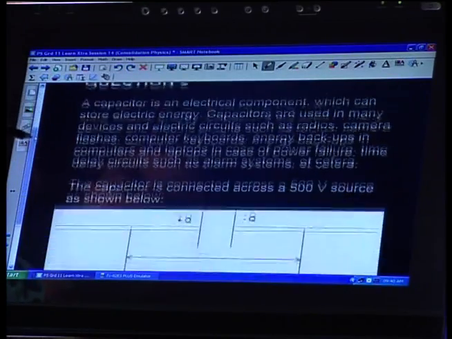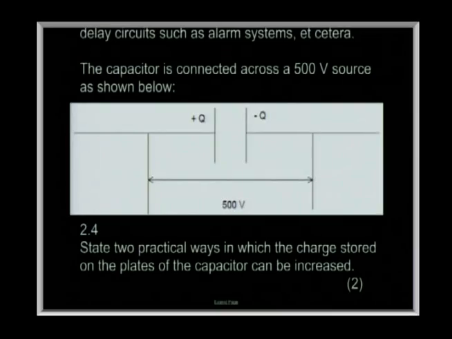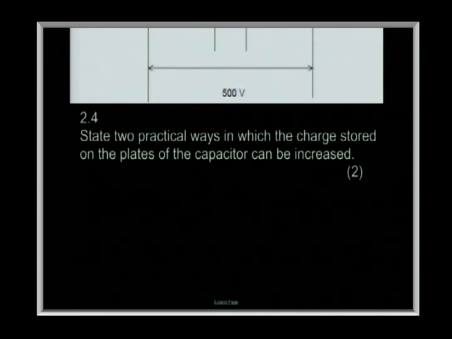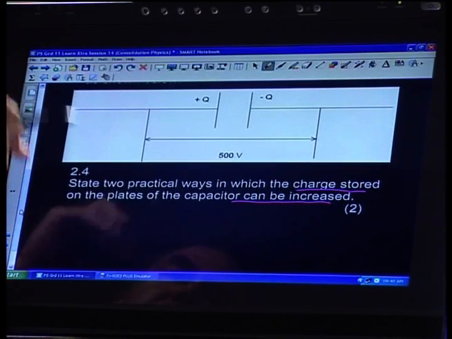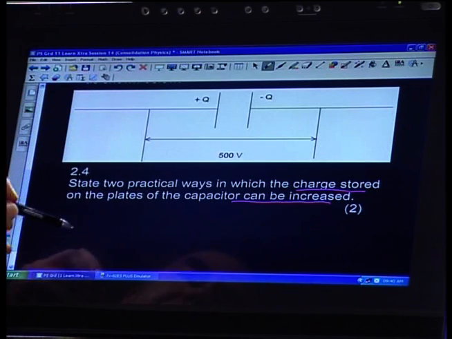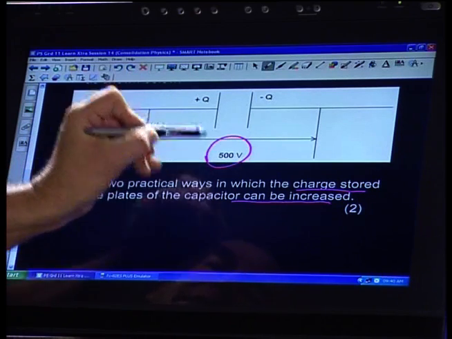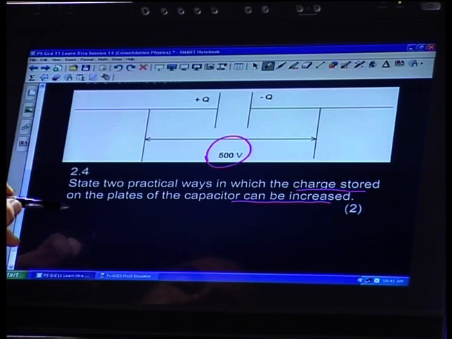Right, what else do we have to do with this? It says now, state two practical ways in which the charge stored on the plates of the capacitor can be increased. So now we're wanting to increase the charge, the number of charges. And we're looking for two ways. Well, have a look here in terms of these are practical things. We want to make sure that we can do them. So the one way of doing it is to change the potential difference. That would be really quite easy.